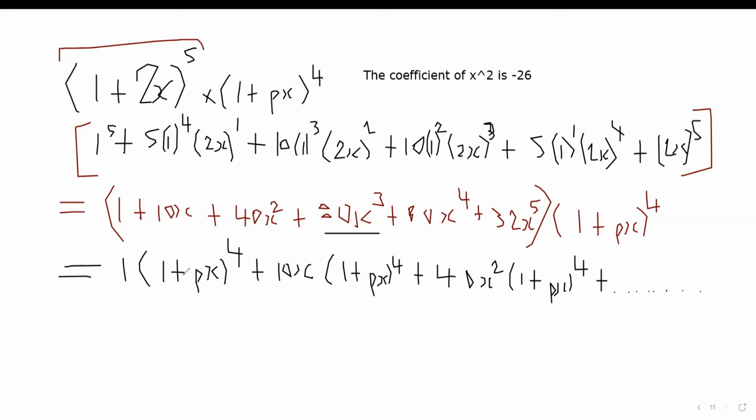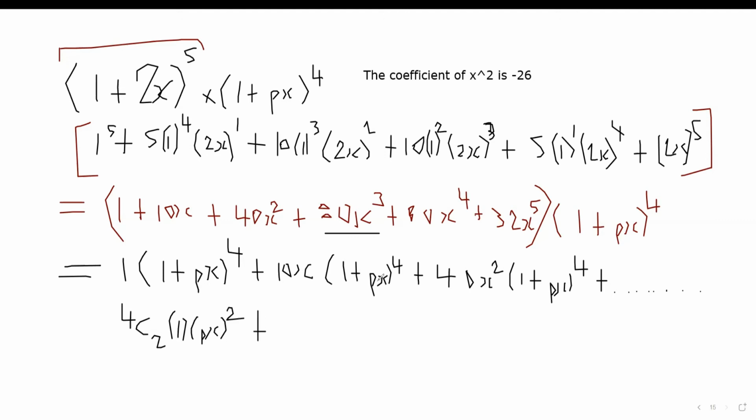The coefficient of x squared in this, what we're going to do is use, this is 4 choose 2, times 1 times this right here, so it is p squared x squared. Then now it's plus, guys, it is plus.